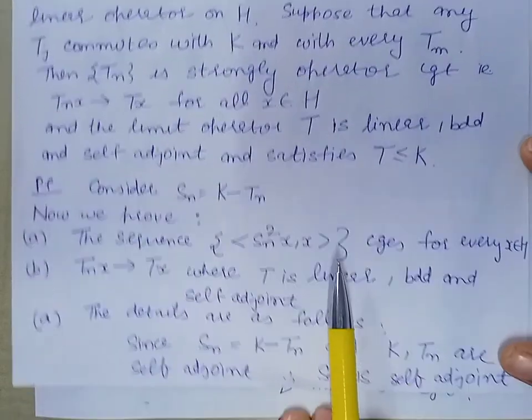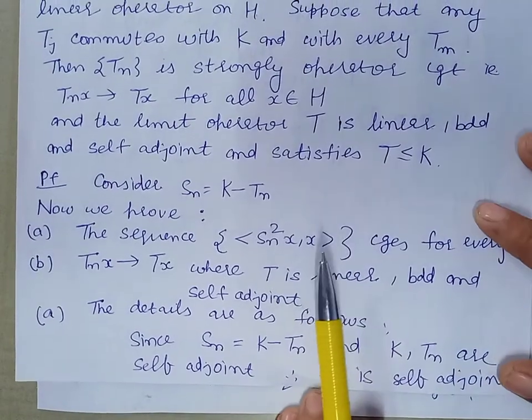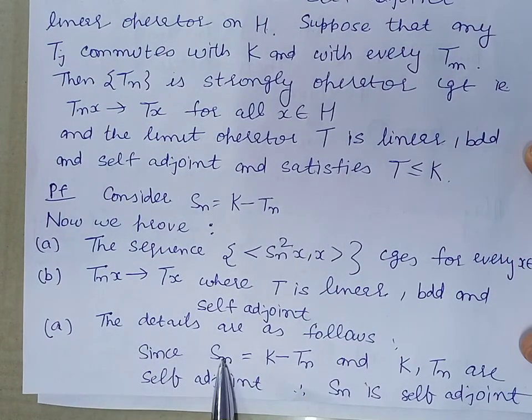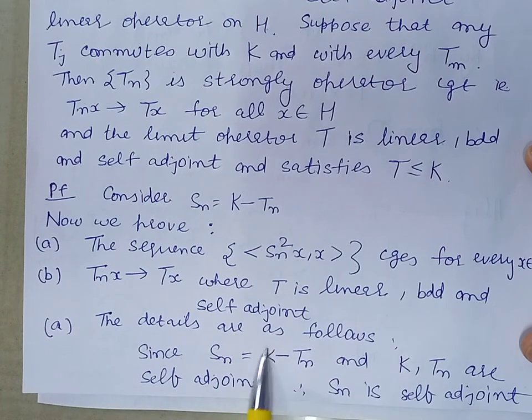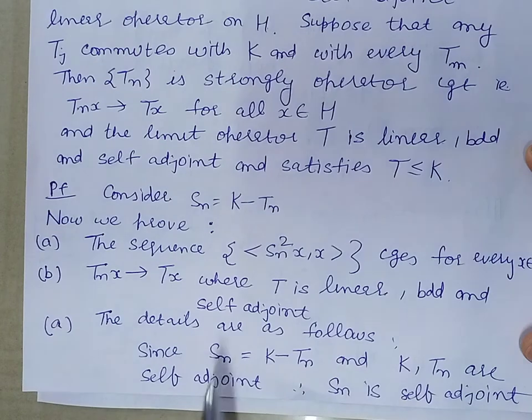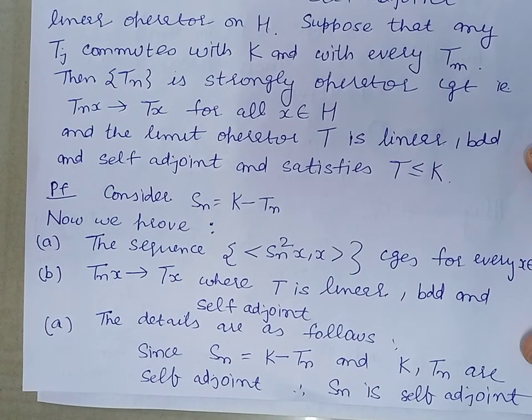So first of all, let us prove the first part. Because Sn is K minus Tn, and K and Tn are both self-adjoint operators, therefore Sn is also self-adjoint.